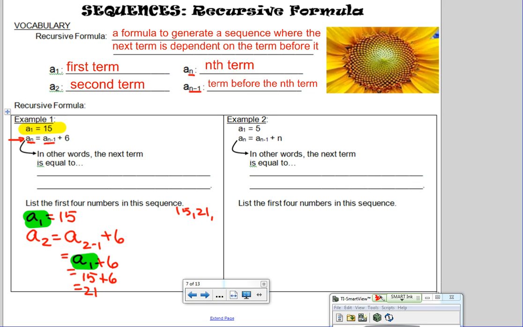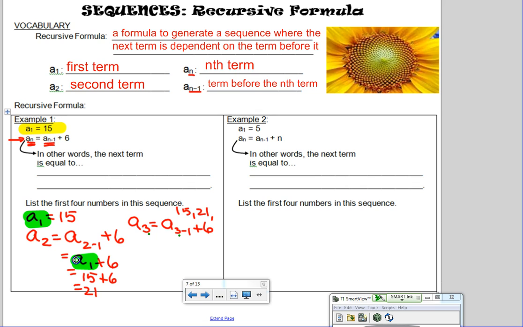Now we have to figure out the next one. So A sub 3, if I just follow the pattern, A sub 3 is equal to A sub 3 minus 1 plus 6 more. All right, so let me stop a second. Remember that the ends have to be a match. So those again are the end numbers.